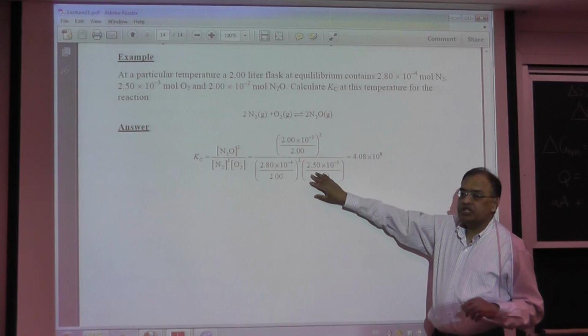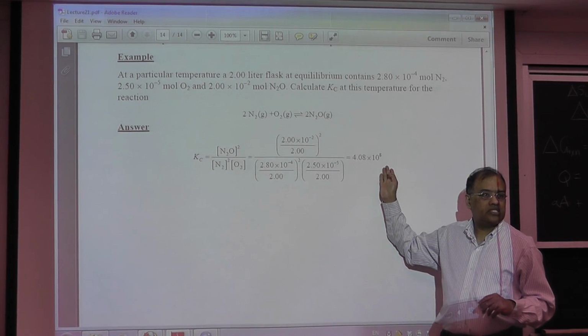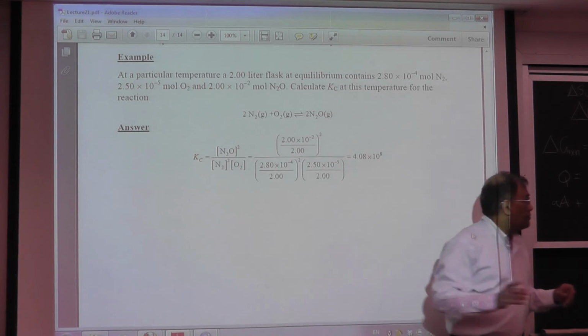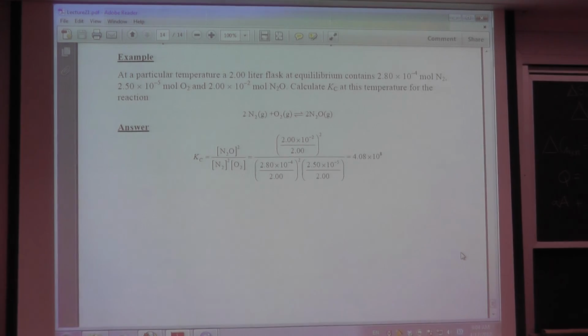So the numerator and the denominator do not have units, and your final answer does not have units. So basically what I'm saying is that P sub C has to be divided by 1 bar, P sub D has to be divided by 1 bar, and similarly C has to be divided by 1 mole per liter, D has to be divided by 1 mole per liter, and so on. So none of these terms has units. So the final answer has no units.